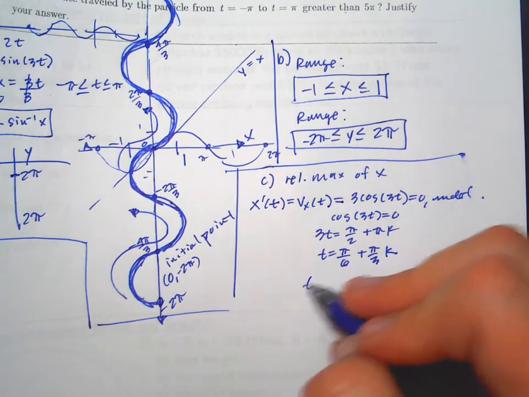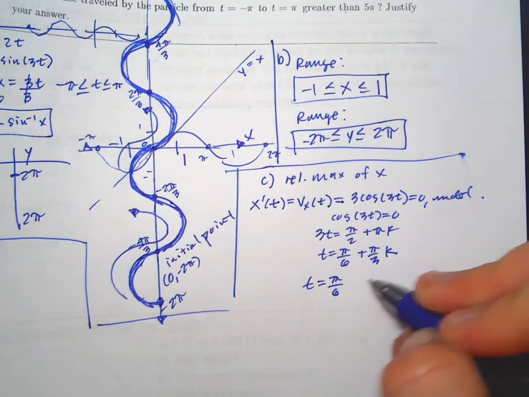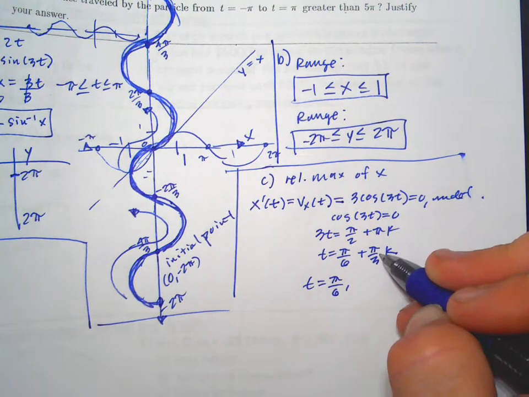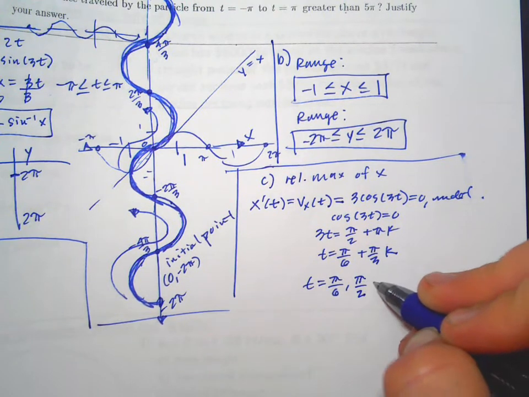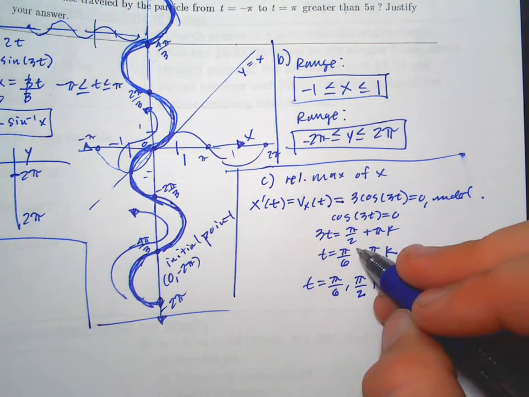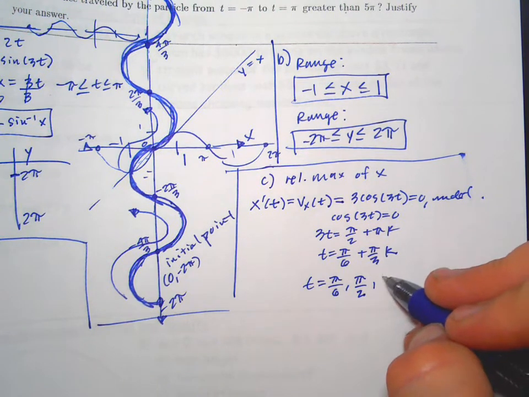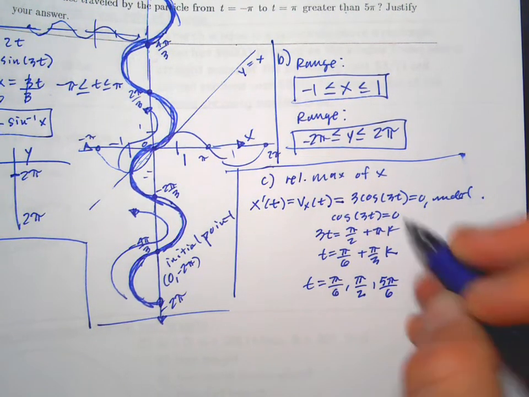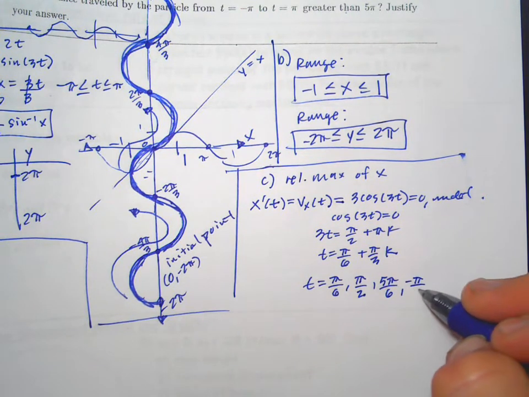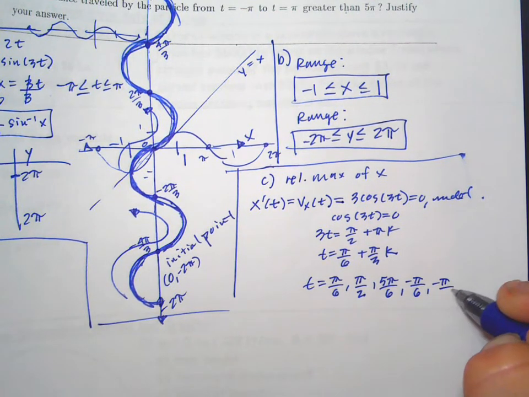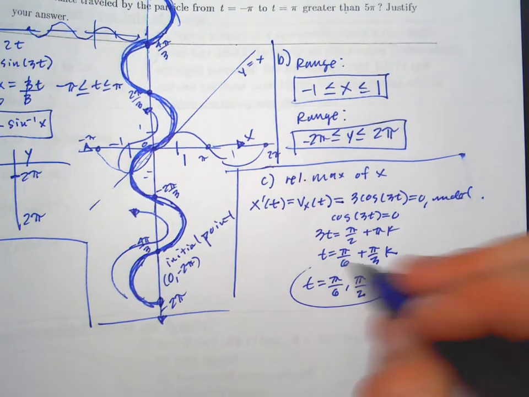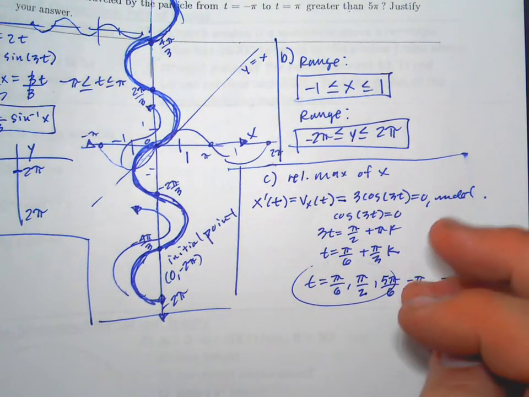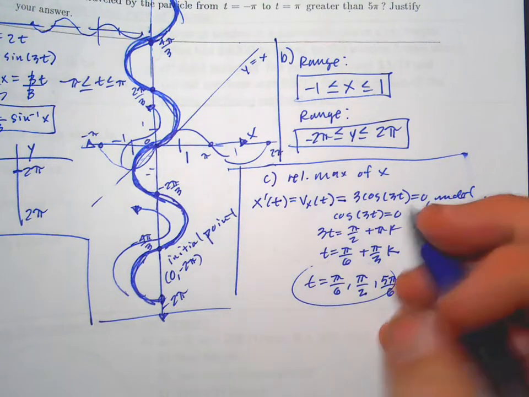And so t equals pi over 6, plus another 2 pi over 6 is pi over 2, plus another 2 pi over 6, that's 3 pi over 6, 5 pi over 6. Also negative pi over 6, negative pi over 2, and negative 5 pi over 6. These are all the points possible, but we really only want the positive ones. And it says the smallest positive value for t.